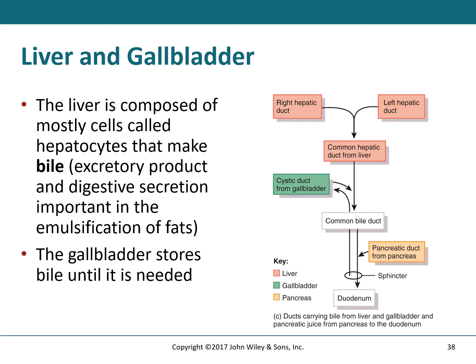Now, the liver makes the bile, but the gallbladder is what stores the bile until it's needed. So you'll notice you have two ducts coming from both sides of the liver, the right and left hepatic duct. And bile is going to come down from there and they're going to join into the common hepatic duct.